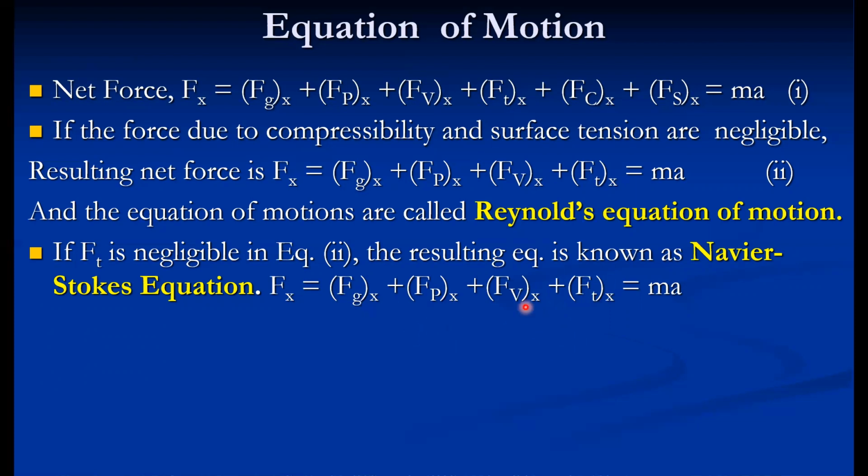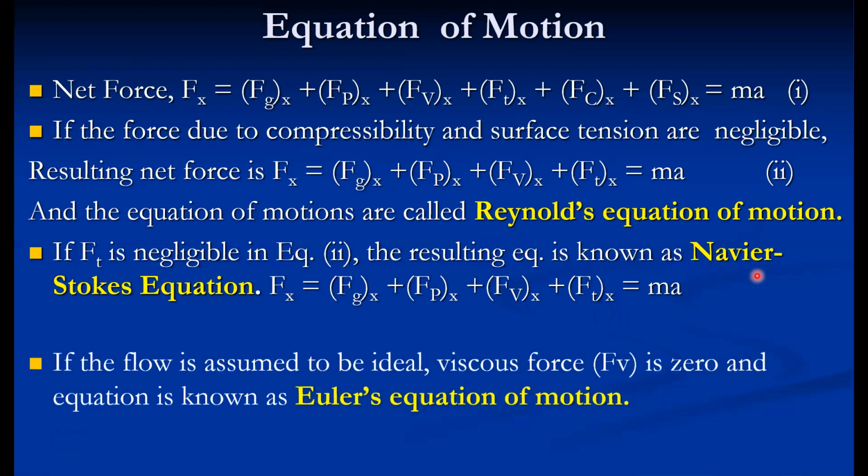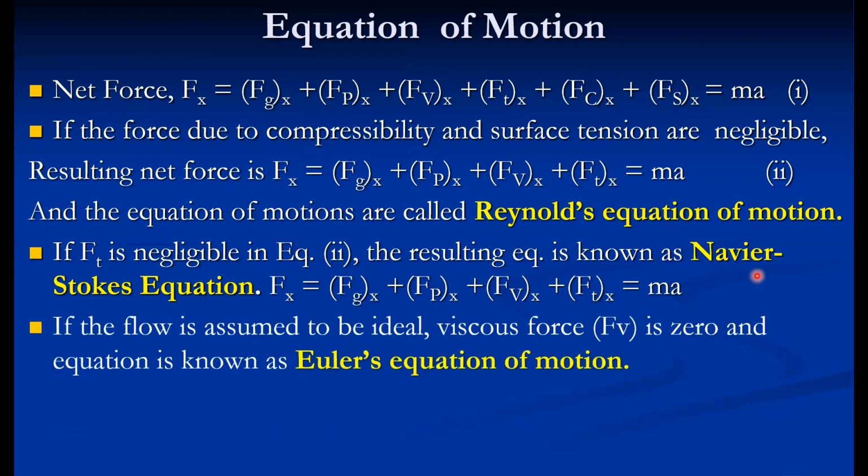So if only three forces are considered, then the resulting equation of motion is called the Navier-Stokes equation, which is generally applicable for viscous flow, or we can say laminar flow. If the flow is assumed to be ideal, then the viscous force is negligible.